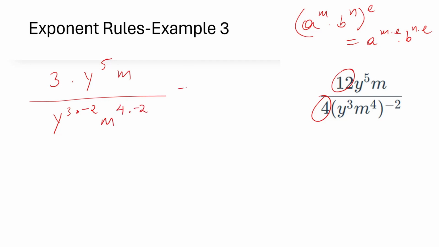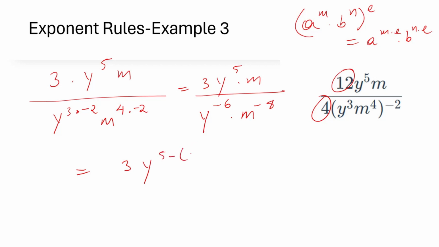So what do we get right here? We're going to get 3y to the 5th times m divided by y, 2 times negative 2 times 3 going to be negative 6. 4 times negative 2 going to be m to negative 8. Now we can work with the like terms. So this is going to be 3y to the 5th minus negative 6 times m.